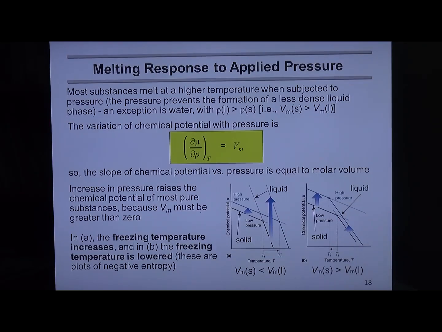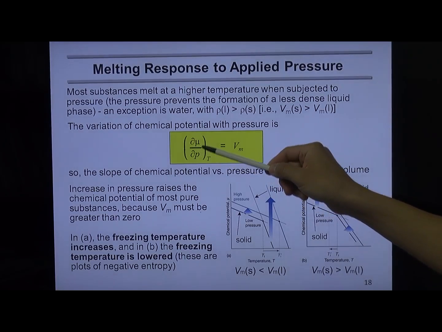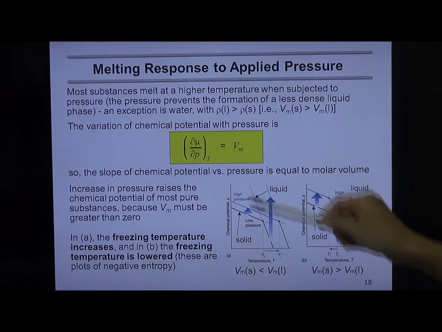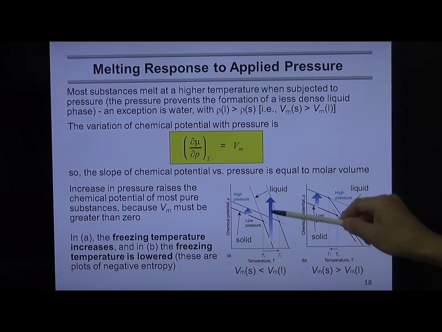If applied pressure increases, chemical potential increases, right? So chemical potential would increase upward.